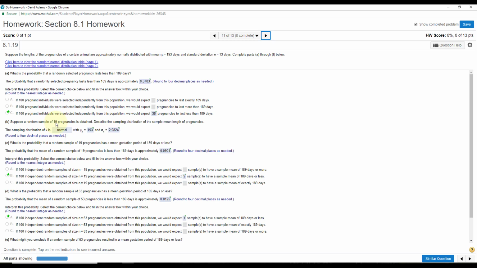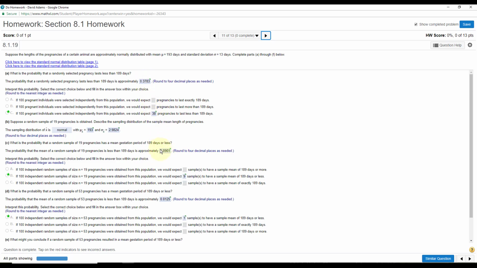So you're going to use the same 189, and mu 193. Now sigma is going to be different. It's going to be 13 divided by the square root of 19. And you get a lower probability. See 9% here, 37% up here.